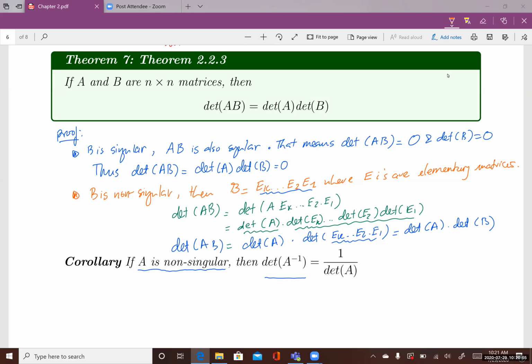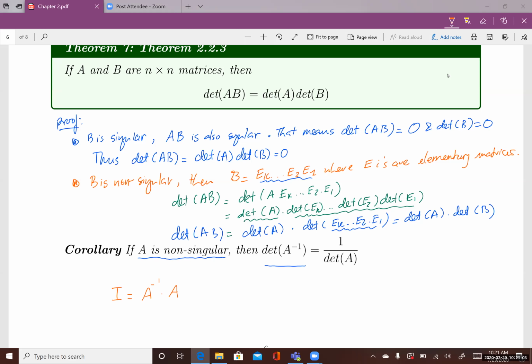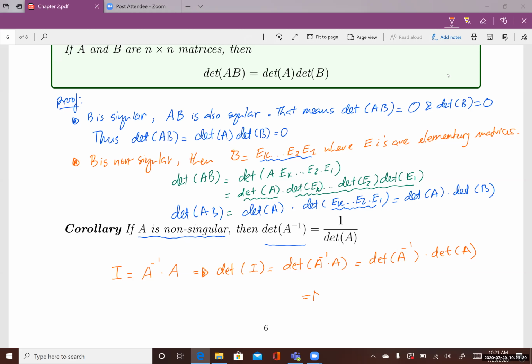We know that I equals A inverse times A. So the determinant of I equals the determinant of A inverse times A. We can break this product into the product of two determinants, the determinant of A inverse times the determinant of A. And from here, the determinant of I is 1.